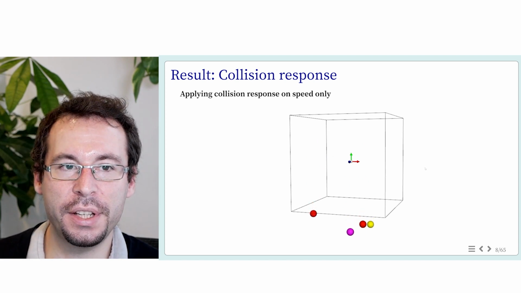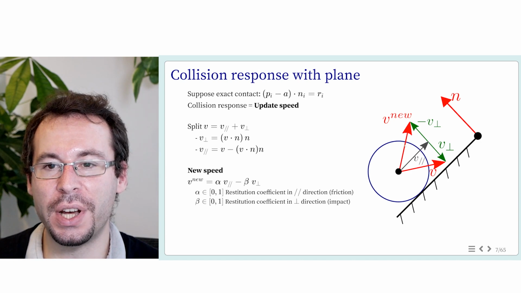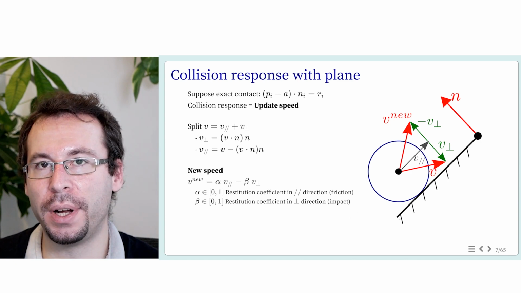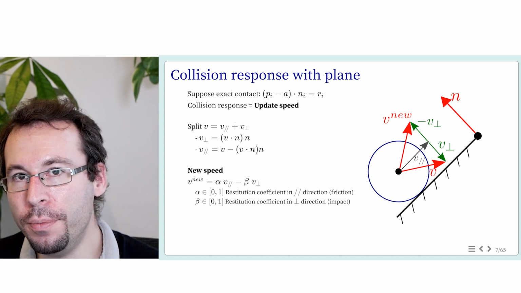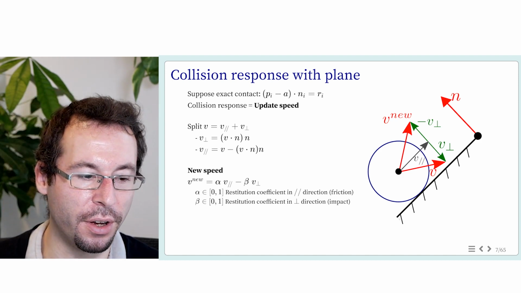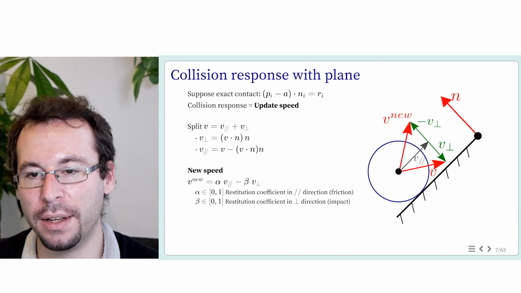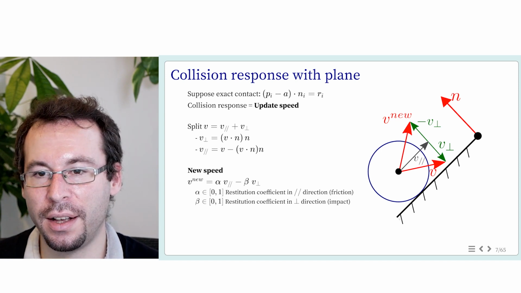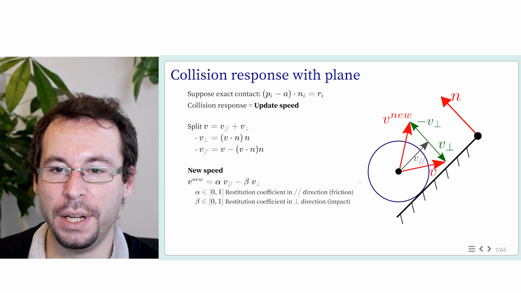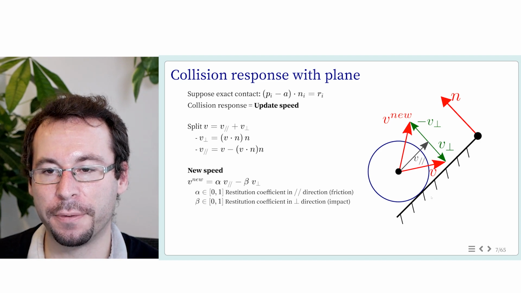Actually, we can notice that previously I said that I suppose an exact contact of the sphere with respect to the plane. And of course, if I have a numerical scheme with a time step delta t, when I integrate the position and the speed, I almost never have this exact contact. I always have the sphere below the plane or already in collision with the plane.